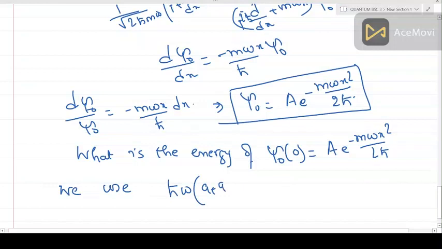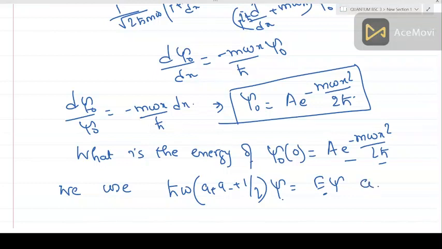We have to find this psi, and in place of psi we are going to put this equation and use the fact that, and remember these are operators, you have to be very careful, these are operators, a minus psi naught is 0.